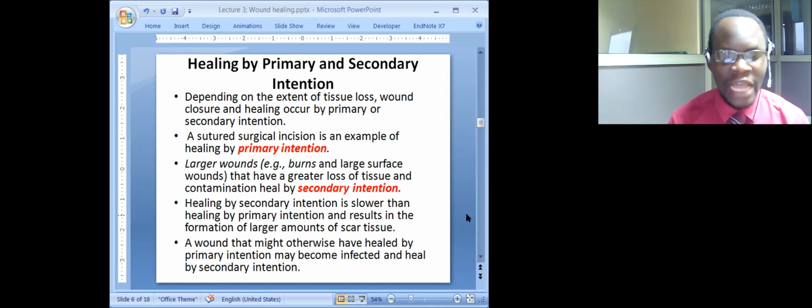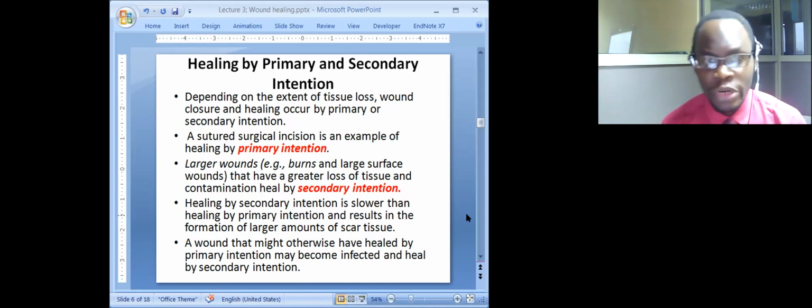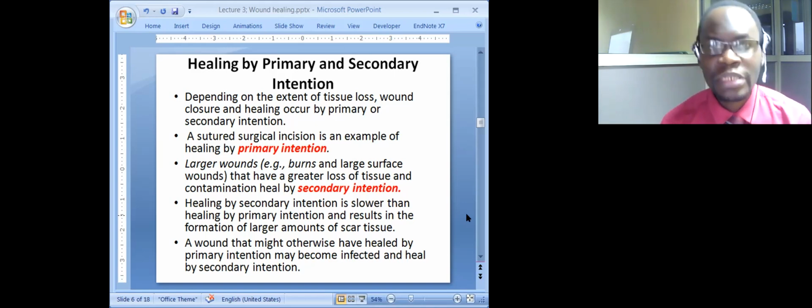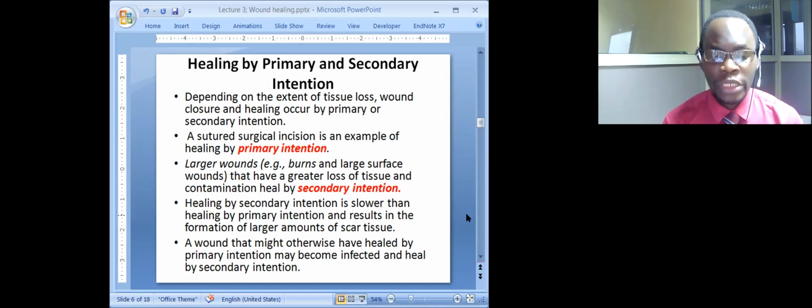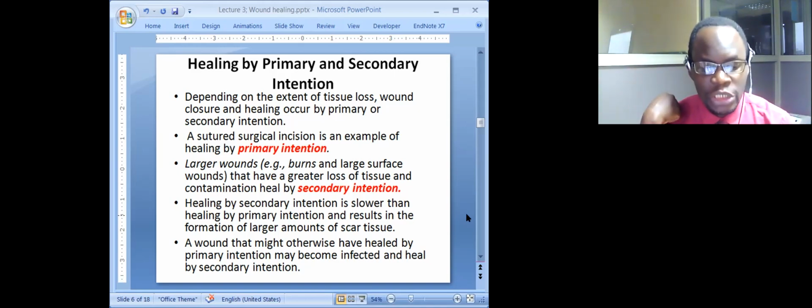On the other hand, larger wounds, for example burns, or wounds with too much tissue loss, or a wound that is contaminated and as a result ends up being infected, will not heal by primary intention. Instead, it will heal by secondary intention. Healing by secondary intention is slower than primary and results in formation of large amounts of scar tissue.